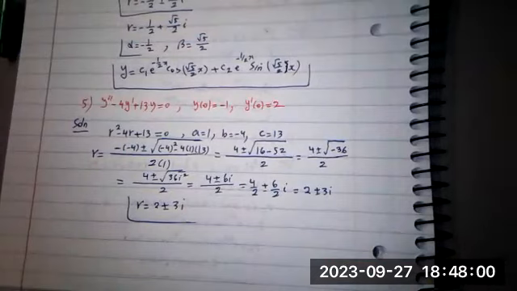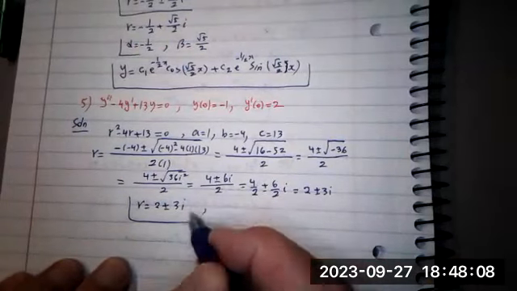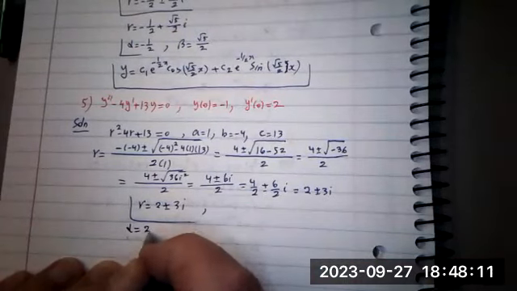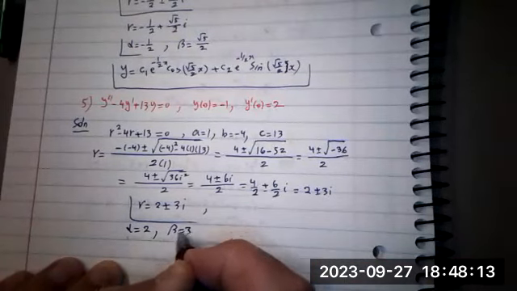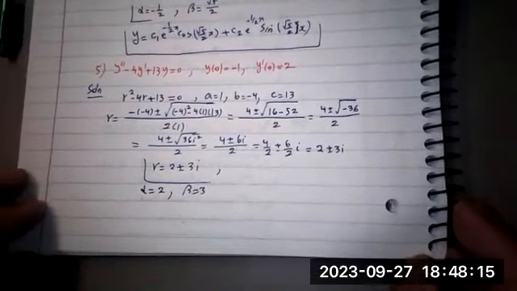You take one of them to identify your alpha and beta. So alpha is 2, beta is 3. We take alpha equal to 2 and beta equal to 3 and write the general solution.